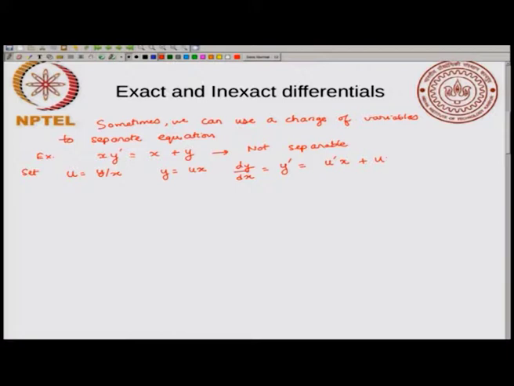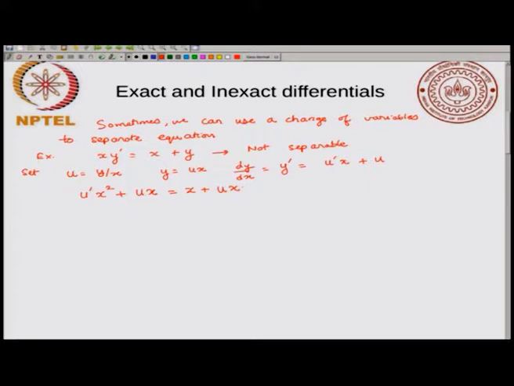If you replace y prime by u prime x plus u, then what you get is u prime x square plus u x equal to x plus y, which is u x.